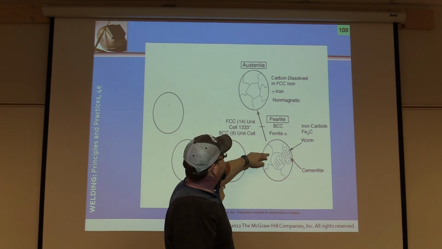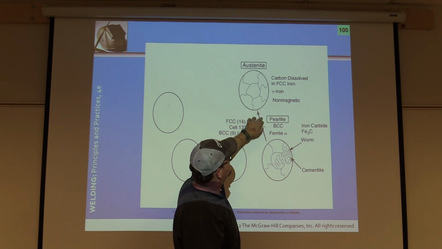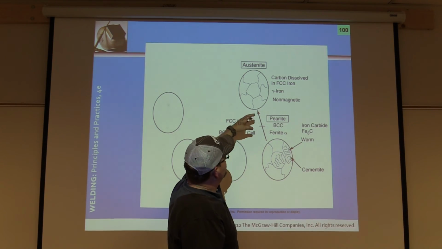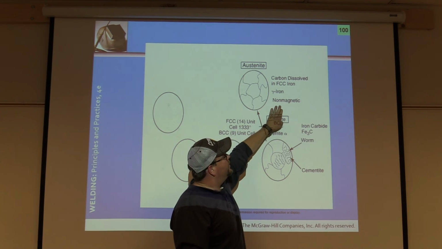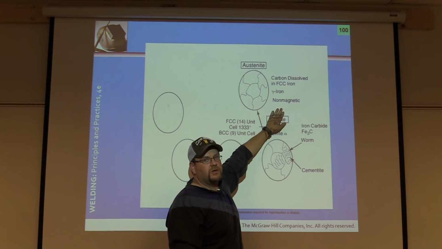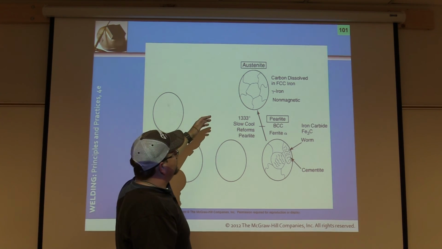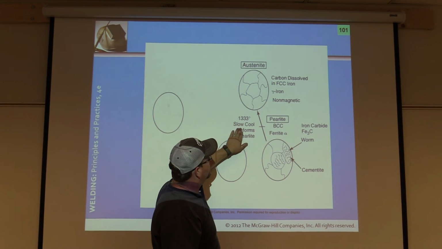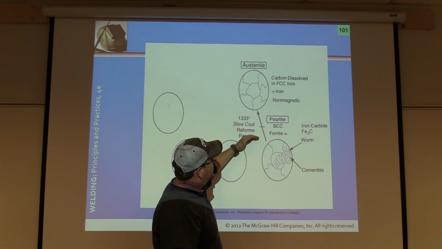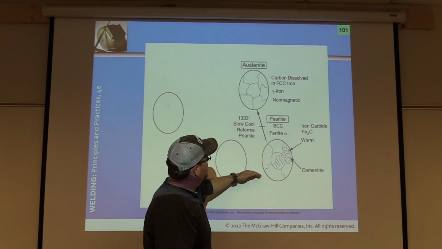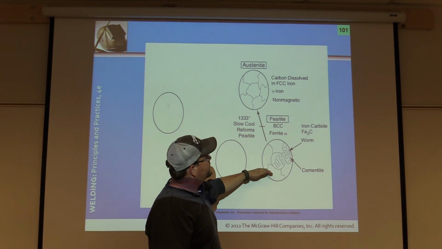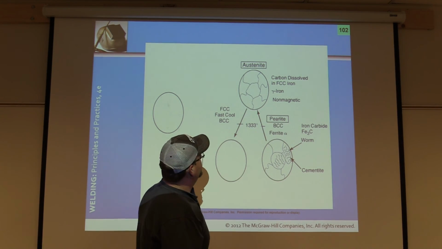Here was our base one. Now we have face-centered cubic, 14 atoms. At this point it is non-magnetic. Okay? Above the lower transformation temperature. If you bring it down nice and slow, you cool it slowly, it comes back to a body-centered cubic and to a perlite. Exactly what it was here.